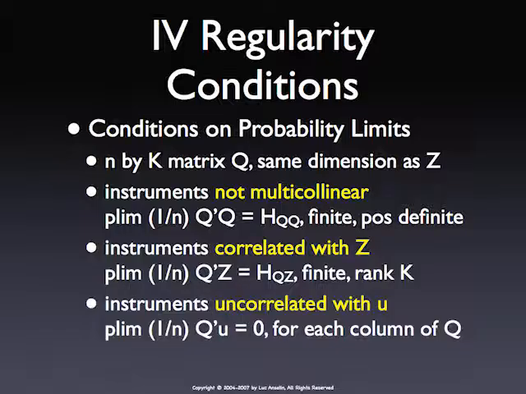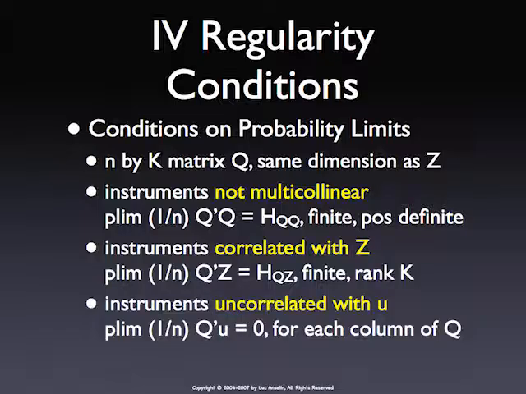Q is n by k. K doesn't change. K is the number of variables, but n changes. So as n goes to the limit, this becomes a longer and longer matrix. In order to keep things comparable, this is divided by the number of observations. So everything is rescaled back to some notion of an average.